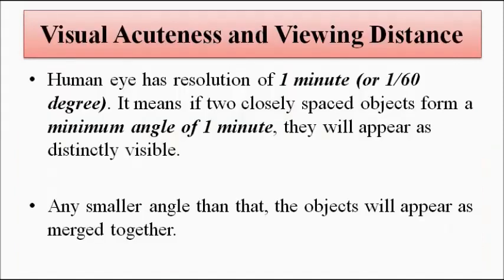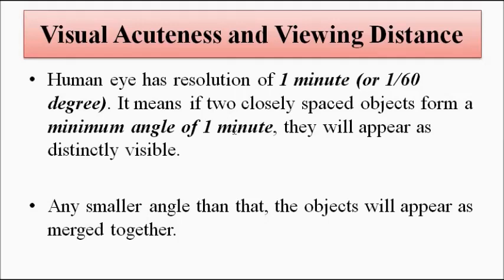Another important concept which is related to details and resolution, but this is from our side. The human eye has a resolution of an angle of 1 minute, which is 1 by 60 degrees. It means that if two closely spaced objects form a minimum angle of 1 minute or 1 by 60 degrees, we can distinguish them.